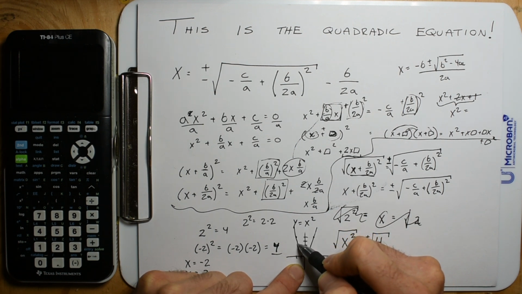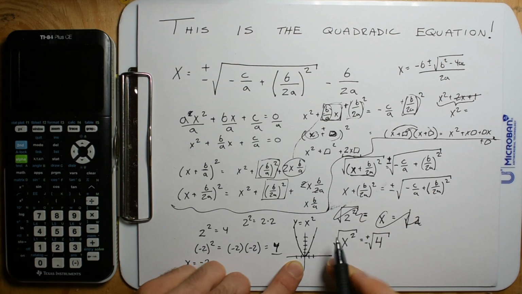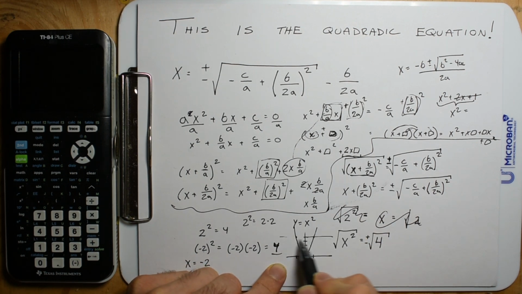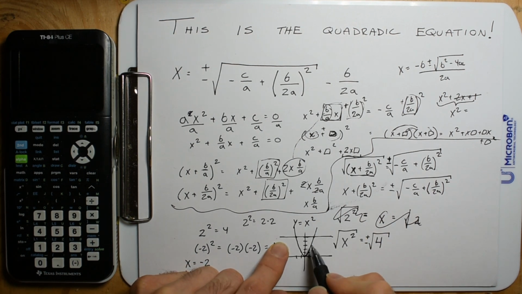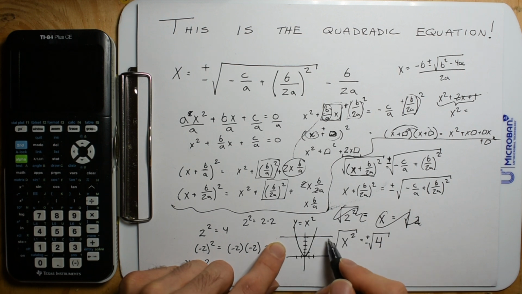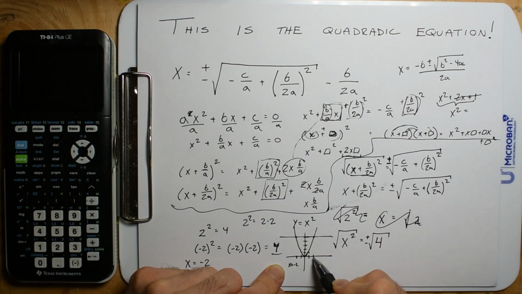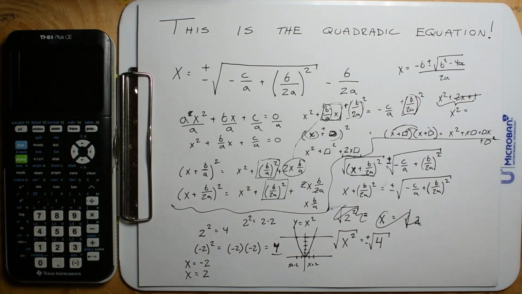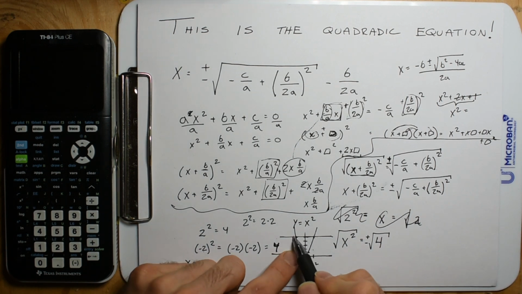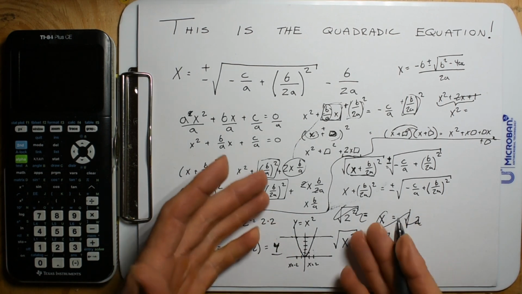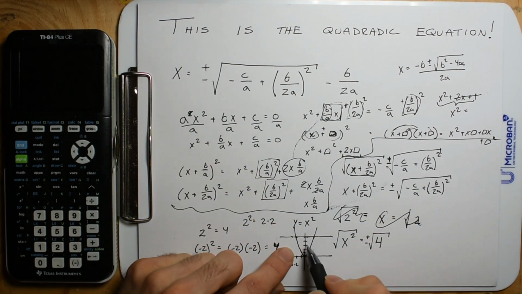We just kind of have that classic quadratic shape. And here's our solution: at 4, when x is negative 2 and when x is 2, both satisfy that equation. And so that's typically what a quadratic is. You're going to have 2 solutions.